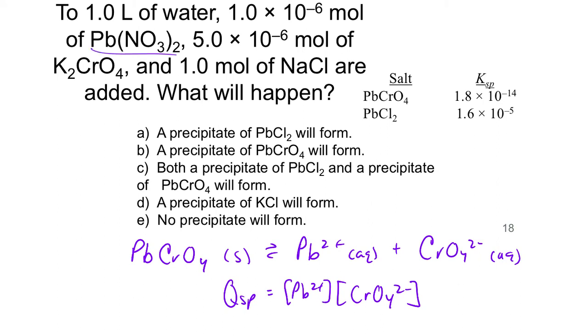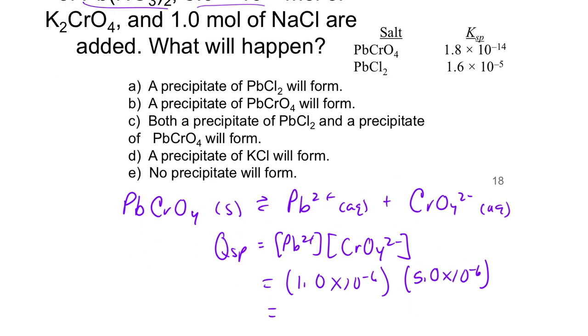For every 1 lead nitrate, we get 1 lead ion. So we have 1 times 10 to the minus 6 moles of that in 1 liter of water. And the chromate, we have 5 times 10 to the minus 6 moles of potassium chromate. It's 1-to-1 with the chromate, again in 1 liter. So that's 5 times 10 to the minus 6.